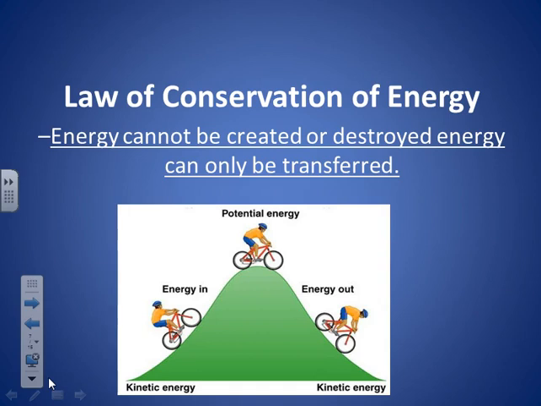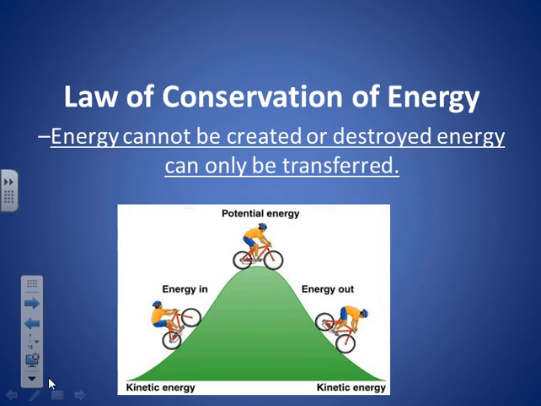During part 2 of your Cornell notes, we are going to discuss the law of conservation of energy. The law of conservation of energy simply states that energy cannot be created or destroyed. It can only be transferred. At its most basic level, everything can always be transferred from kinetic to potential energy, back and forth, back and forth.